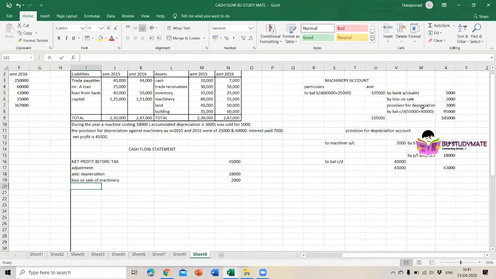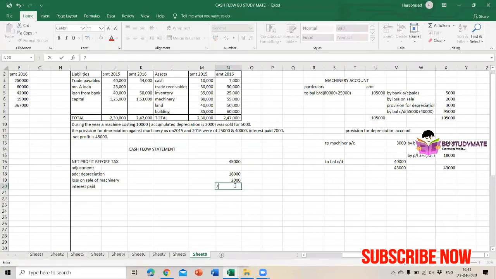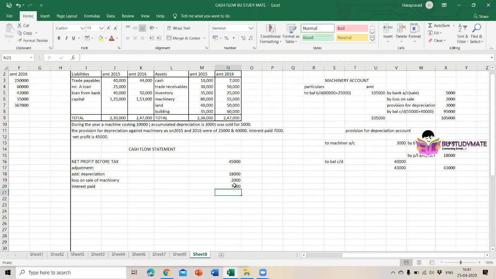Then interest paid. Interest paid is 7,000 rupees. Here in the adjustment they have given interest paid is 7,000 rupees. Okay, this is the end of this adjustment.